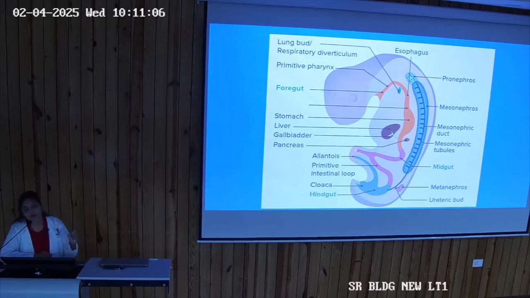First of all, what is going to form in this nephrogenic cord? Pronephros is going to get formed. This pronephros is formed in which region? It is going to form in the cervical region. Now this pronephros breaks down into a few cells, solid cords of cells. These are going to form non-functional nephric tubules.